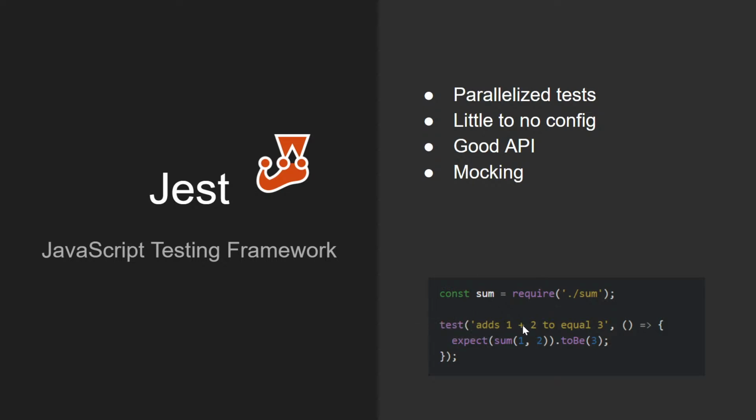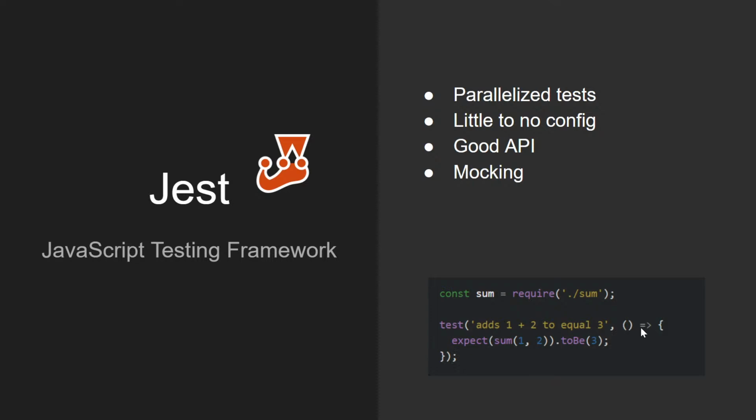And so as we see here, just a simple example, test is a function. It defines the actual test. The first argument here is the title. It describes what the test is doing. So it adds 1 plus 2 to equal 3. And the second parameter is the actual test.